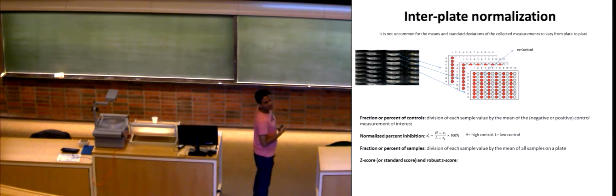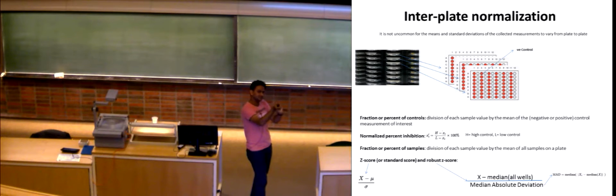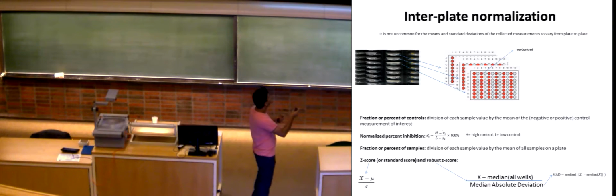And then one can always use Z-score normalization. We have seen that. But there is one more, called robust Z-score normalization. If the data distribution of the different wells is not normal, using the Anderson-Darling test, then one can use this robust Z-score method, where you subtract the median value of all the wells and divide by the median absolute deviation.